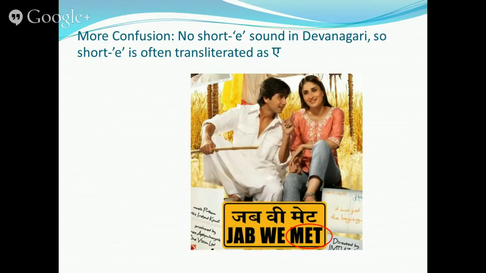So what happened here? Because we didn't have a symbol in Devanagari for short E, we had to use A. So this actually says job we mat. But now if you know it's English, you'll know instinctively that this really is trying to say Jab We Met. Right? So this is an added source of confusion.